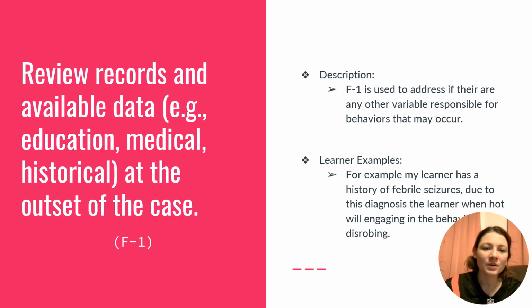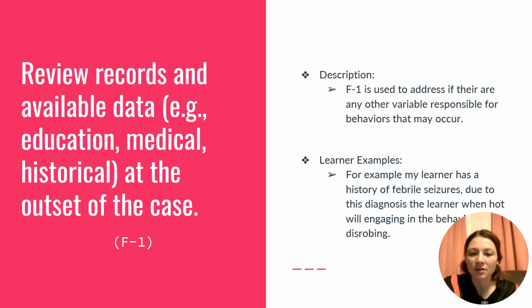So we're going to be reviewing records and available data such as education, medical, history, and historical at the onset of the case. What that is, it's used to address if there are any other variables responsible for behaviors that may occur, such as, for this learner, a history of febrile seizures.